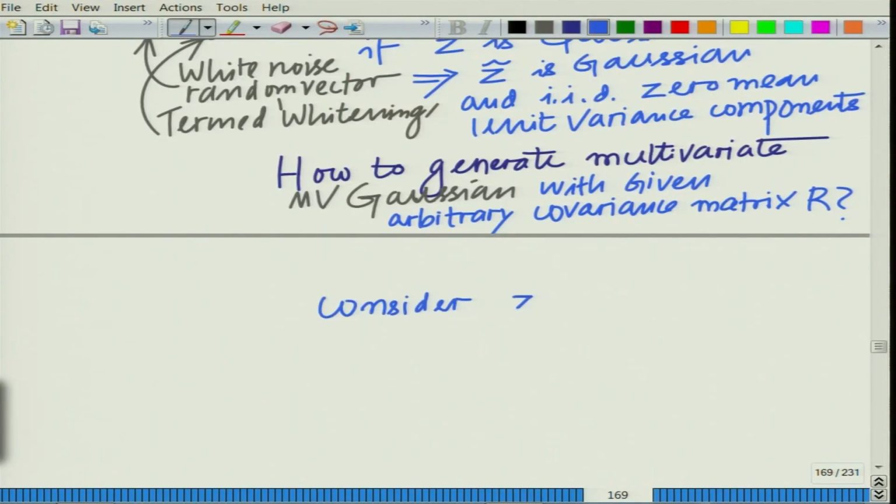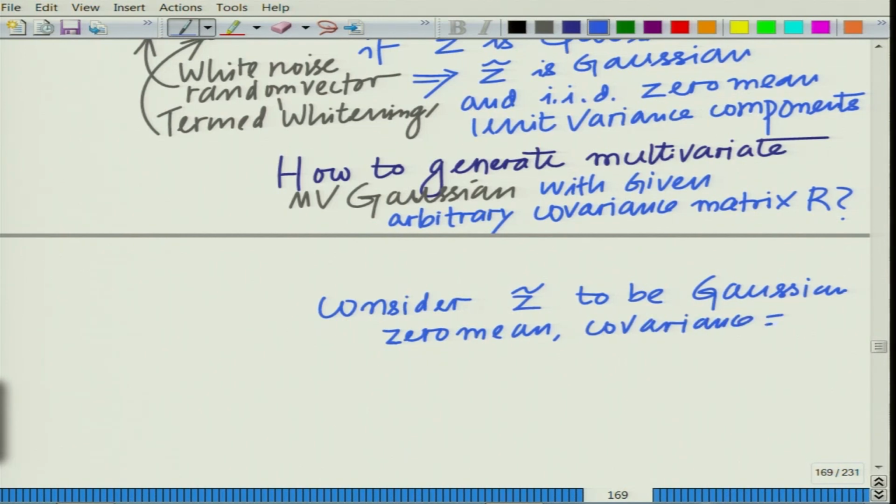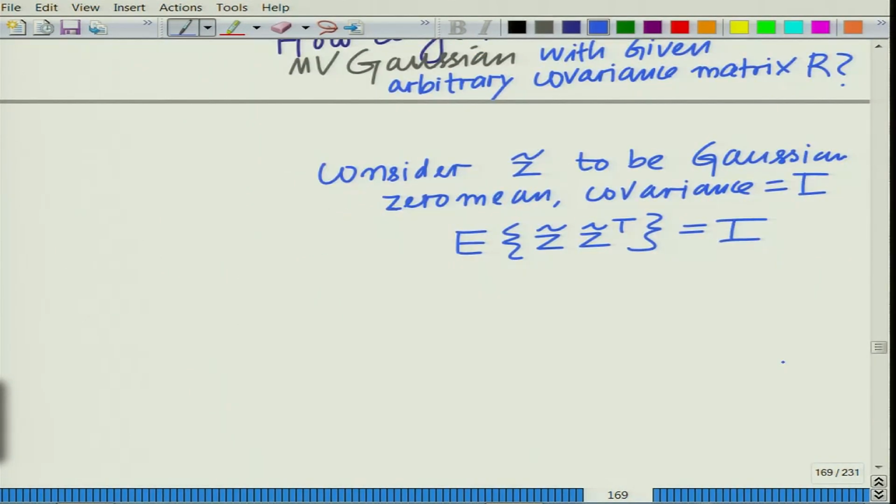Consider Z tilde to be Gaussian, zero mean, covariance equals identity, that is, expected value of z tilde z tilde transpose equals identity, because most simulators will give you independent identically distributed Gaussian samples of mean 0 and variance 1.